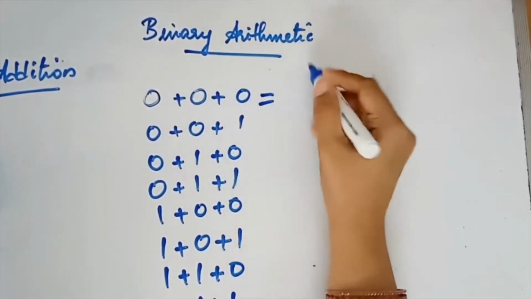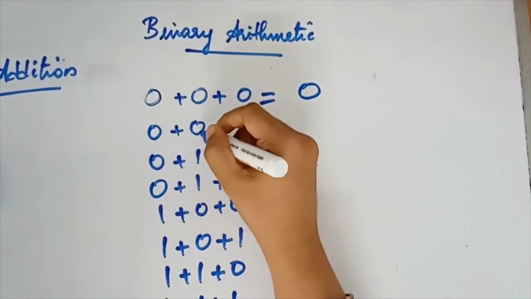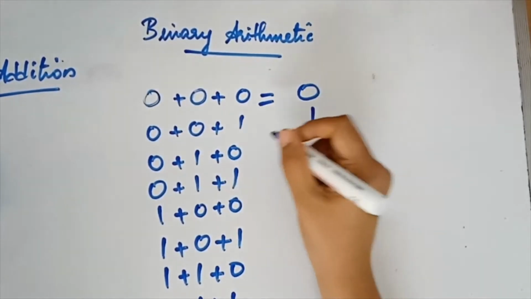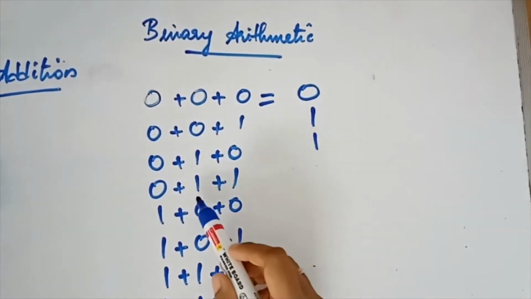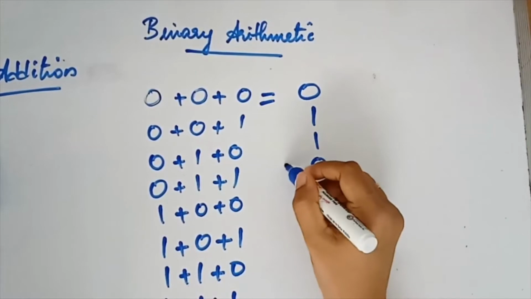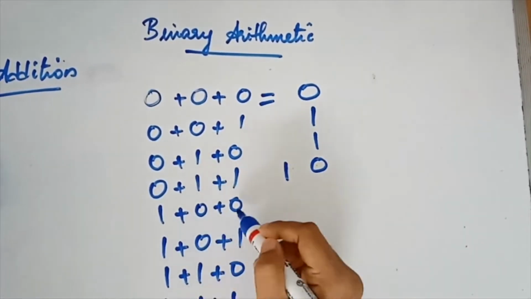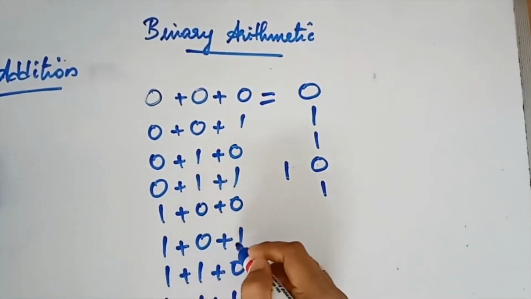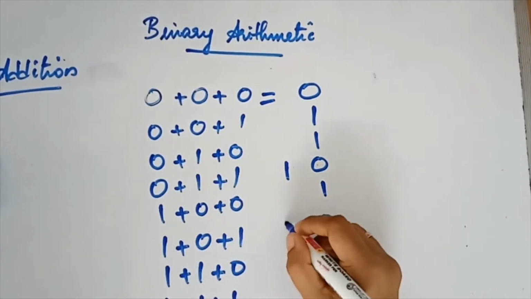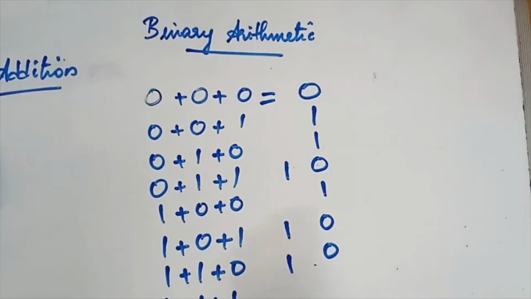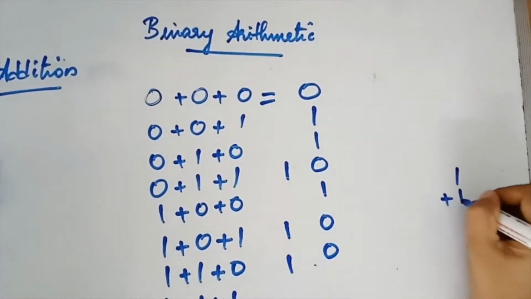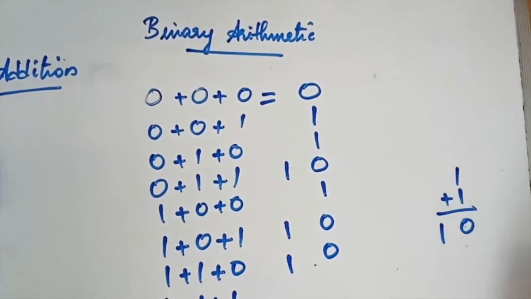All zeros means the answer is 0. 0 plus 0 plus 1, the answer is 1. 0 plus 1 plus 0, the answer is 1. 0 plus 1 plus 1, it is 0 with a carry 1. 1 plus 0 plus 0, it is 1. 1 plus 0 plus 1 is 0 with a carry 1. 1 plus 1 plus 0 is 0 with a carry 1. Then 1 plus 1 plus 1: 1 plus 1 is 0 with a carry 1, and this plus 1 is 1 with the previous carry.